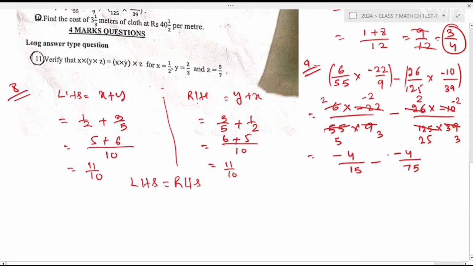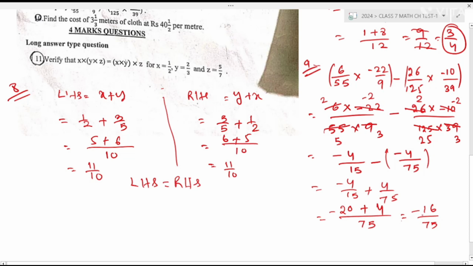Okay, now minus minus plus, so minus 4 by 15 plus 4 by 75. Then take LCM 75, 15 fives are 75, 5 fours are 20, so minus 20 plus 4. The answer is minus 16 divided by 75, because of different signs, we subtract and put the sign of the bigger number. So the answer is minus 16 by 75.